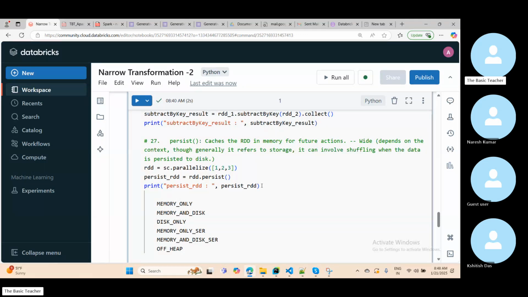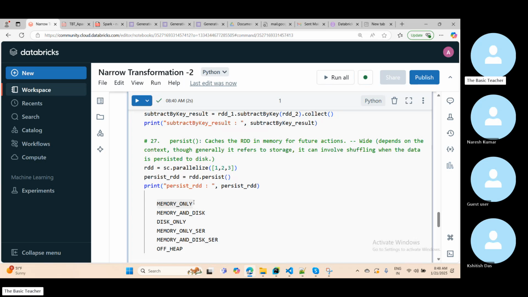So when do we use persist? When we need more control over the storage level, because we have lots of options. When data should be stored only in memory, like memory only, to avoid disk input output. That means there is no interaction with the disk, and you avoid all the input output operations.